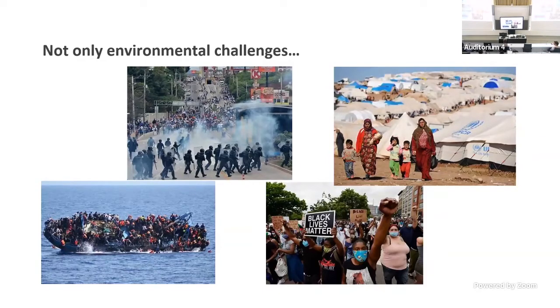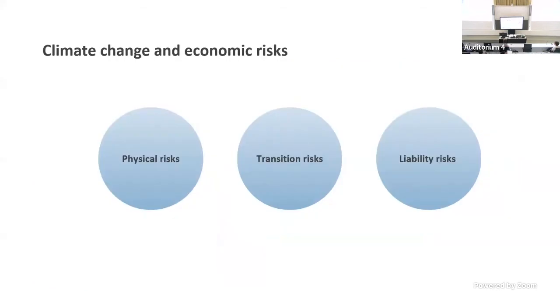I think these pictures speak for themselves, and we need not go further on them. What I want to concentrate on today, because it's called finance, is how this translates into economic risks and potential issues that have to do with the pricing of risk, lower cash flows, things that would affect valuations in different ways.